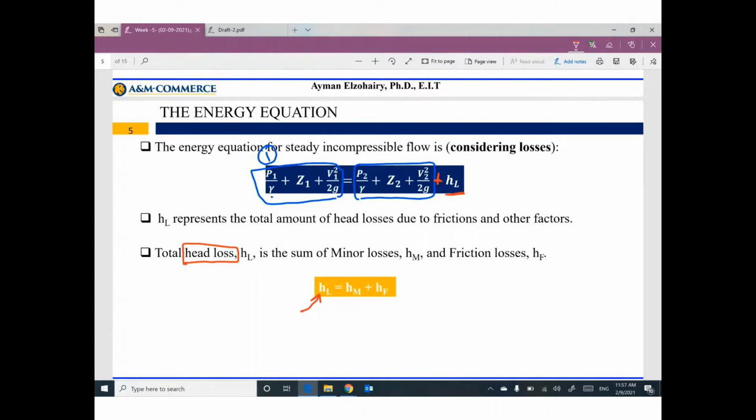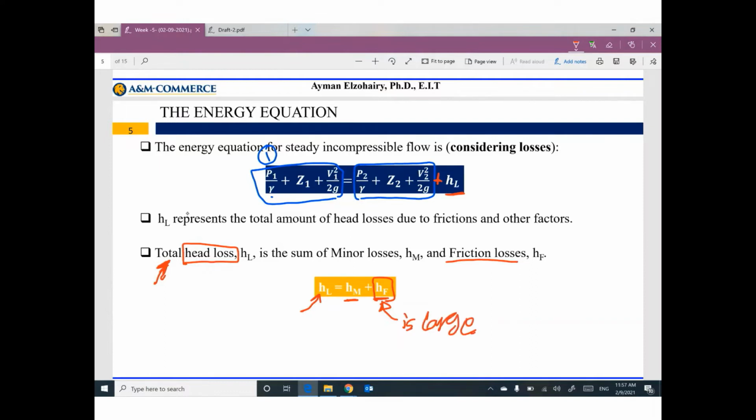Just for your information, HL is called total head losses. This total head losses can be divided into two types of losses. One is called HF, which is friction losses. Most of the head loss comes from friction losses, so this part is large.